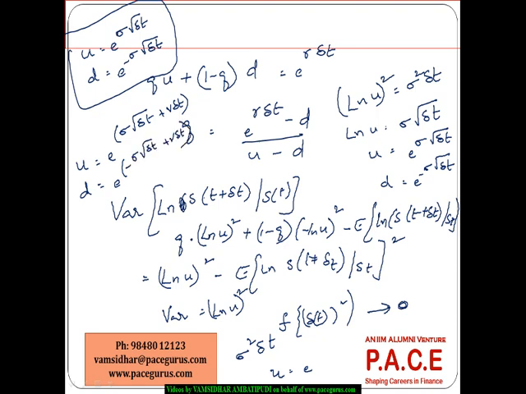Whatever continuous dividend is payable would be substituted to compute u and d, and from there we compute the probability of moving up, which is q, e power r delta t minus d divided by u minus d.